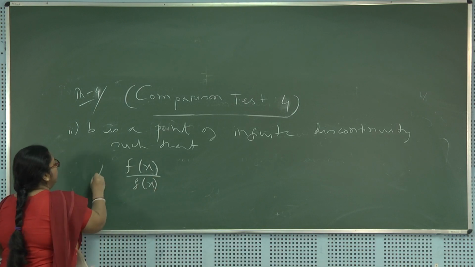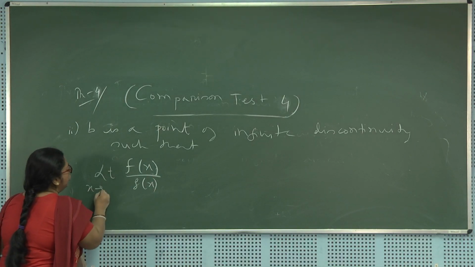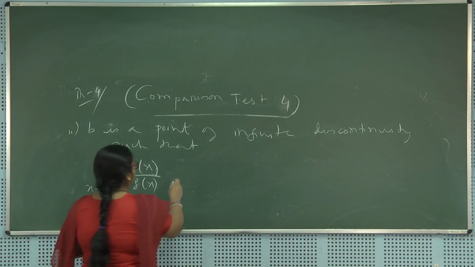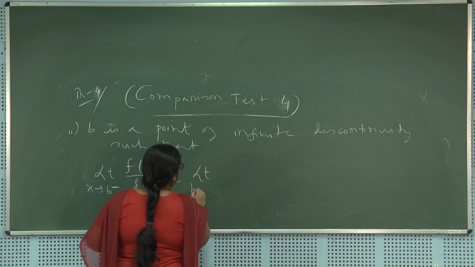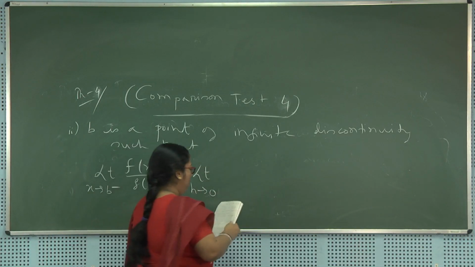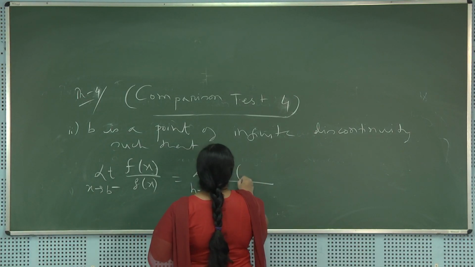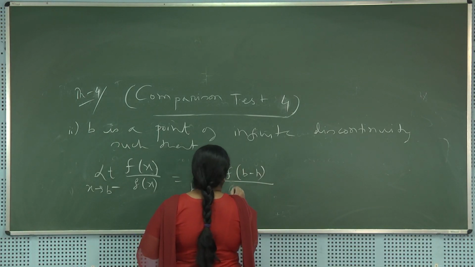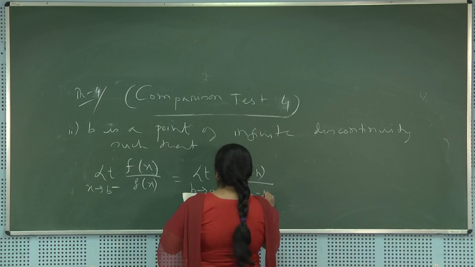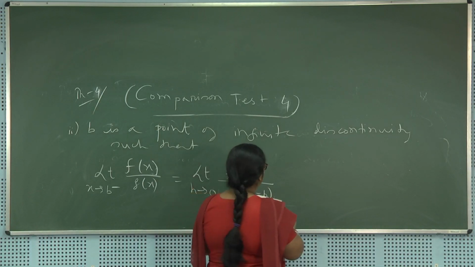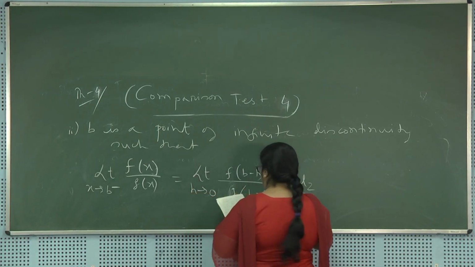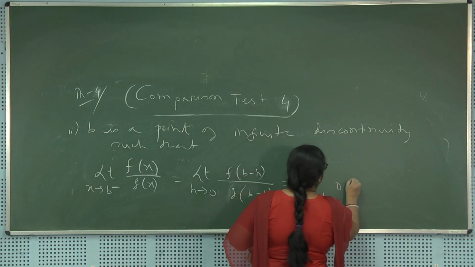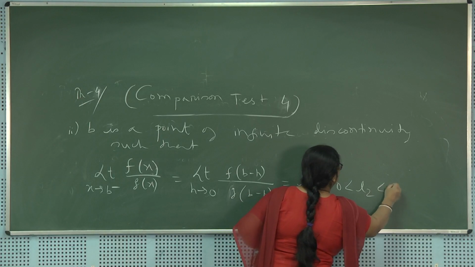So, this will be the limit, according to our convention, as x tends to b minus, that is from the left side. So, this will be again the limit as h tends to 0, or epsilon tends to 0, of f(b minus h) upon g(b minus h). Suppose this limit exists and is equal to some number L2, where L2 is a number lying strictly between 0 and infinity.